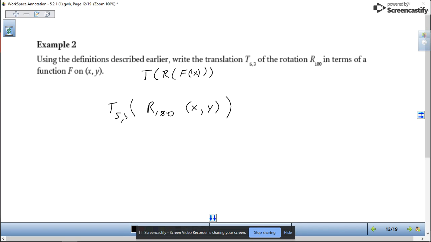All right. So the first thing we're going to do is use those rules to do the rotation part. If you go back to the notes and videos previous, it said that the rotation of 180 basically takes your x and y and makes them both negative. Assume that x and y are in the first quadrant.